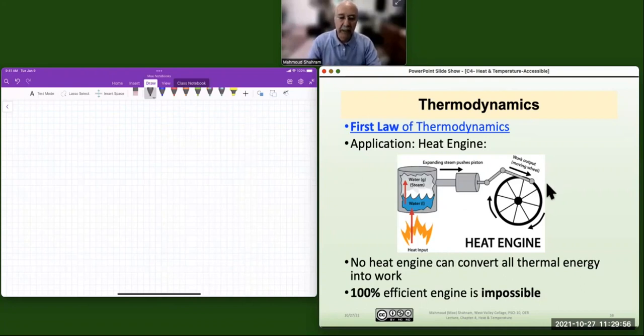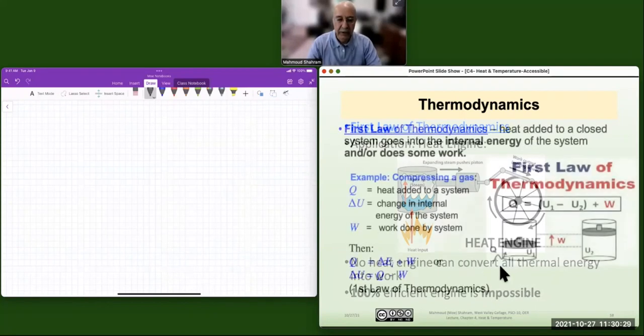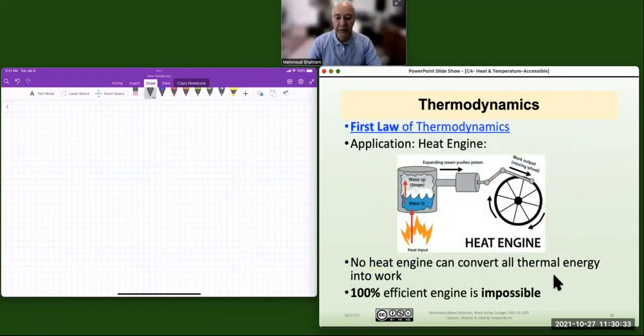Having that in mind, we cannot build a 100% efficient engine because some of this energy will dissipate, and it's impossible to make 100% efficient engines. Not all the thermal energy can be converted to work. A lot of it goes into changing the internal energy of the system.